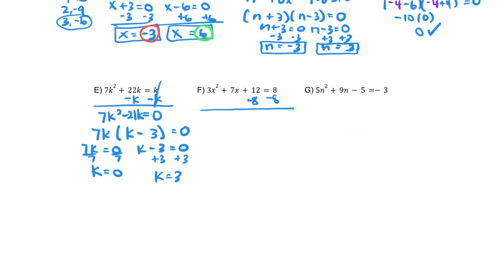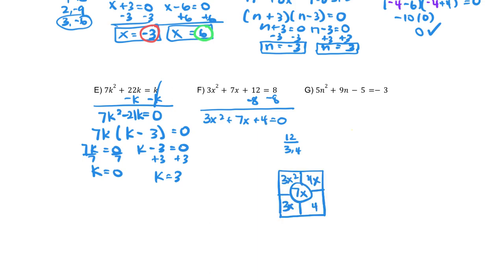And I'm left with 3x squared plus 7x plus 4 equals 0. So I need to look for factors of 12 that add up to 7, and that's going to be 3 times 4. I recommend doing the box method often when you have the leading coefficient other than 1.